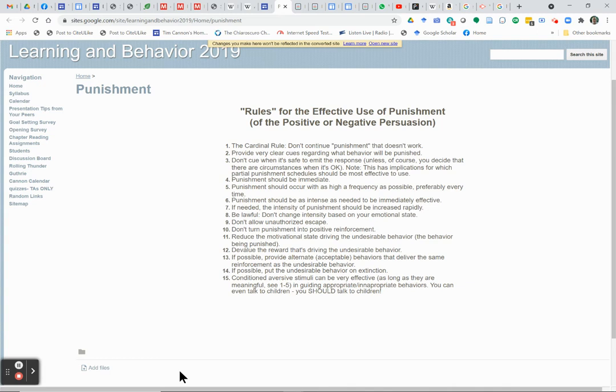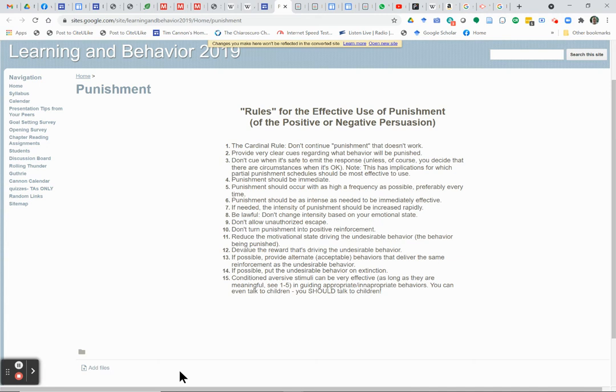If you're going to use punishment, you better make sure it works. And that relates to number 7. If needed, the intensity of punishment should be increased rapidly. Don't mess around. If you do mess around, you're simply training the organism to live with physical punishment. And again, if the organism is not being suppressed, it's not really punishment. And society does this, parents do this, and it's unethical.